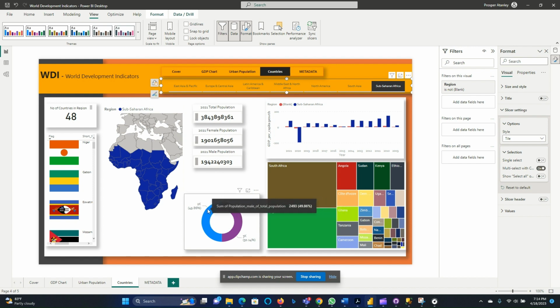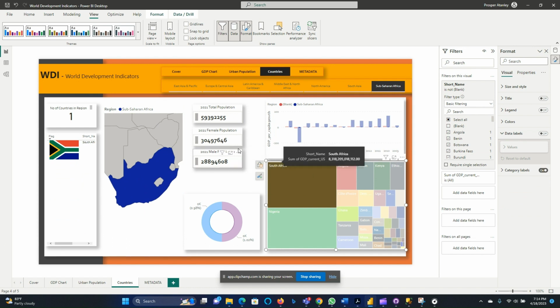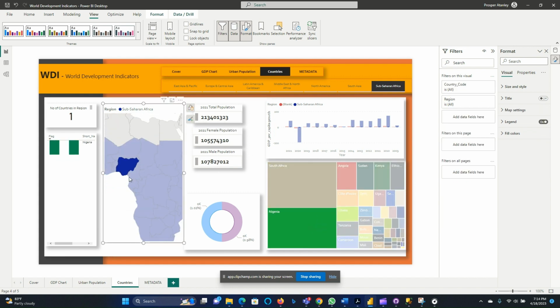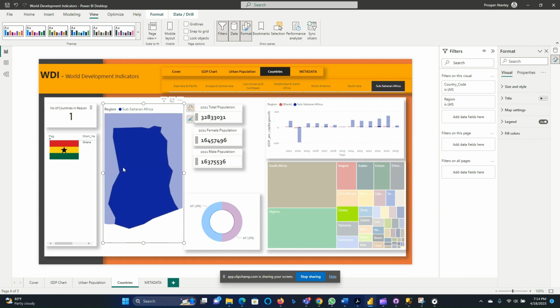Then what we notice here is if I select South Africa, 30 million of them are females, and 28 million are males. So it means the female population is higher. Same for Nigeria. Let me see if I can find my home country here, Ghana. So 16.4 million of them are females and 16.3 million are males here.